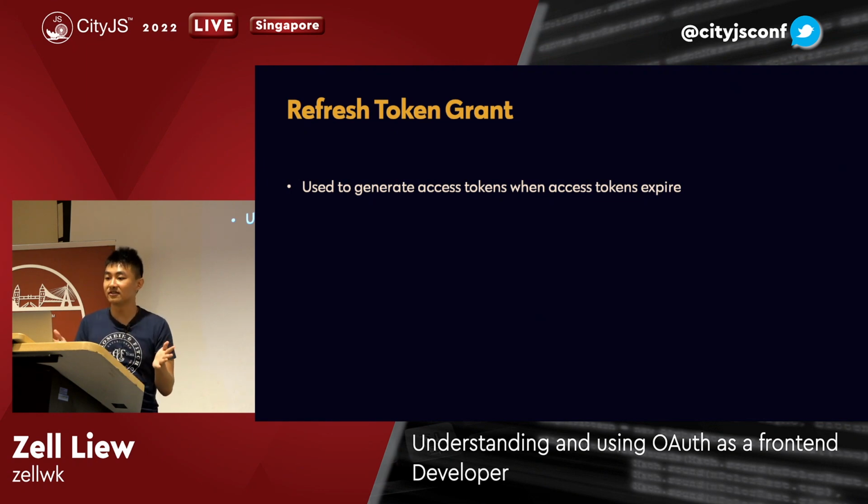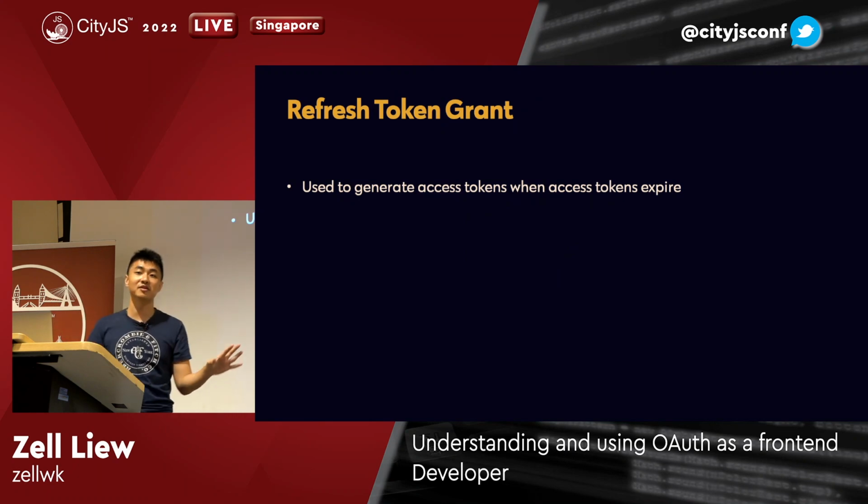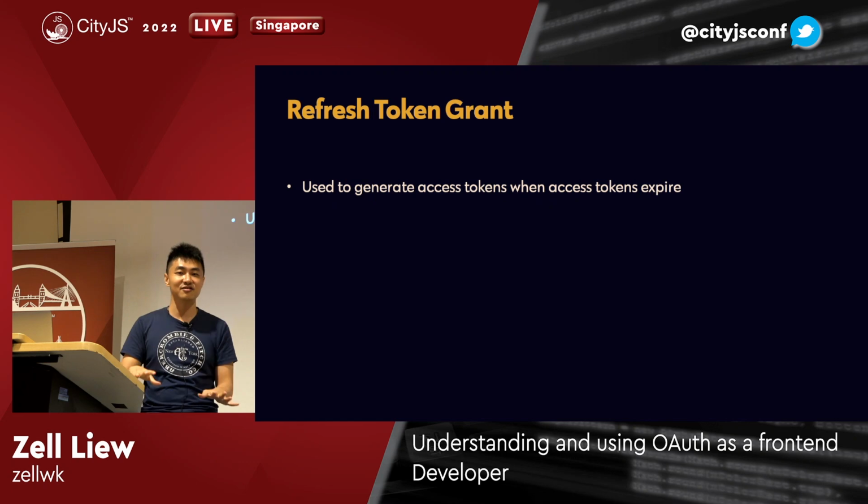So essentially what you can do is request a refresh token, and when the time is up or when the access token seems invalid, you can use that refresh token to request a new access token, and the user doesn't know that the access token has expired. They are kept away from all of this implementation detail, and they just get happily logged in and continue using your app without any interruptions.